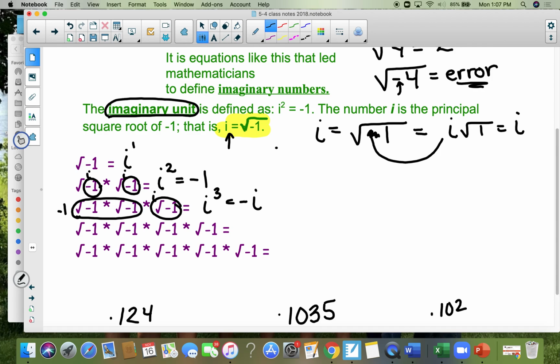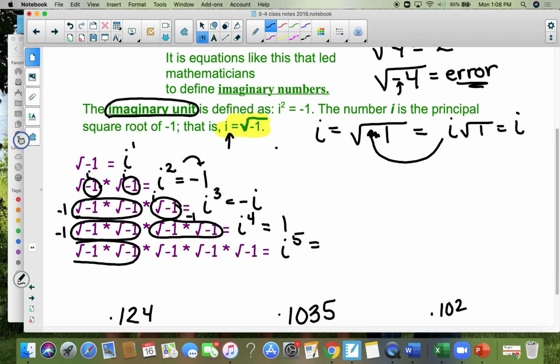Okay, the next one is i to the fourth, and I'll tell you what i to the fourth equals. Two of them is right here, equals a negative 1, so two of these equal a negative 1. Another 2 equal a negative 1, so a negative 1 times a negative 1 is a positive 1. Okay, let's see what i to the fifth is going to equal.